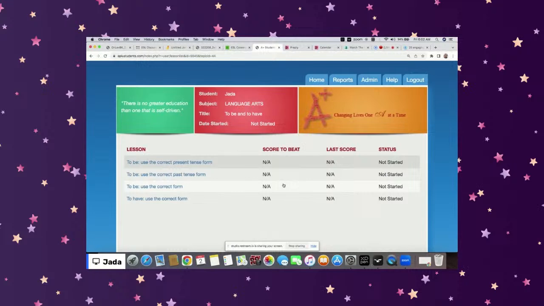So we have four lessons under to be and to have. We're gonna complete two today, and then in your next class you complete the remaining two. So the one we'll be doing today is to be. Use the correct present tense form.